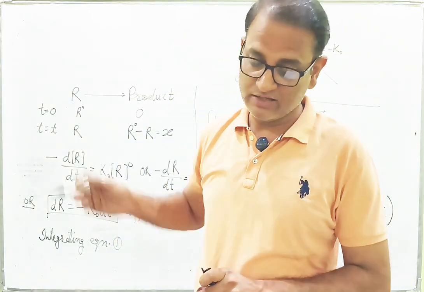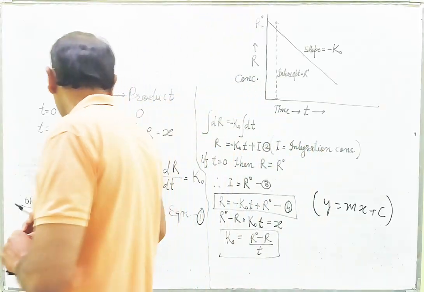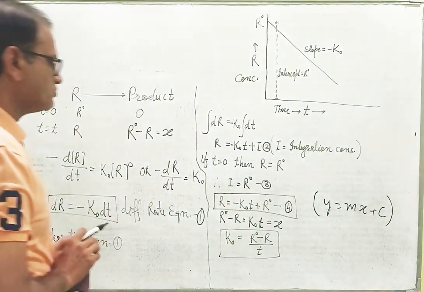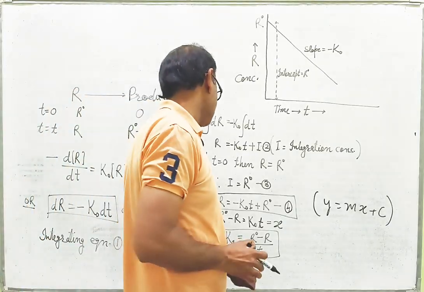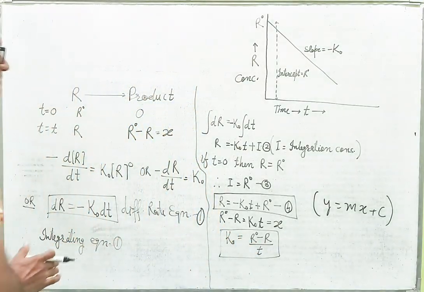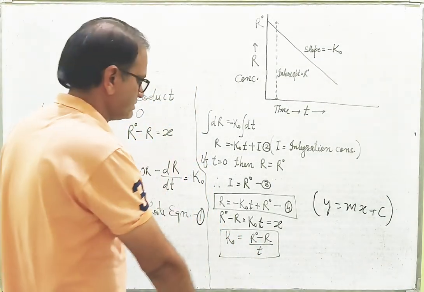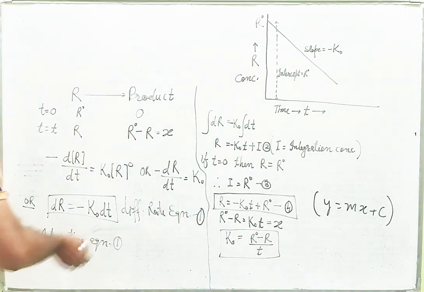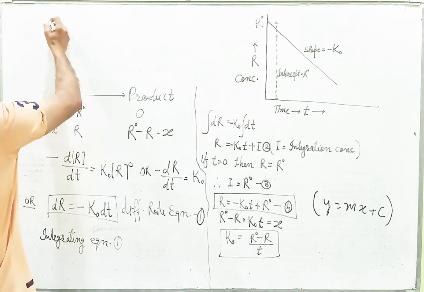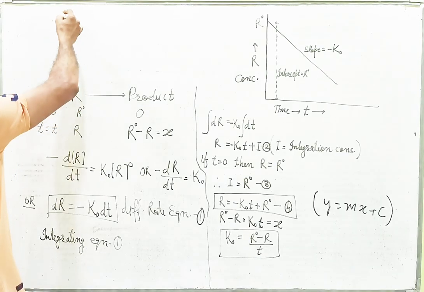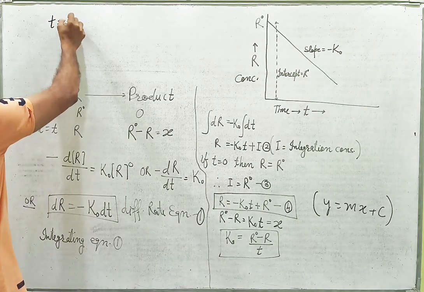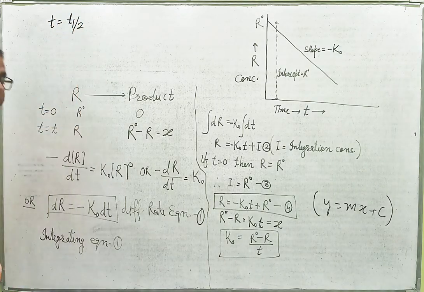Okay. Like for a zero order reaction, if we want to calculate the half-life, how can it be calculated? Say K0 is the rate constant for the zero order reaction. Then what will be the situation at time t equal to t half, 50%?